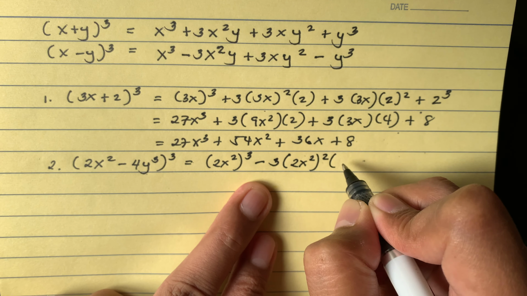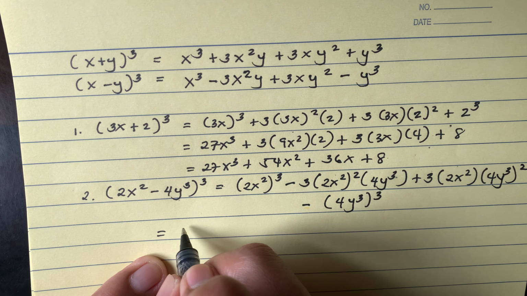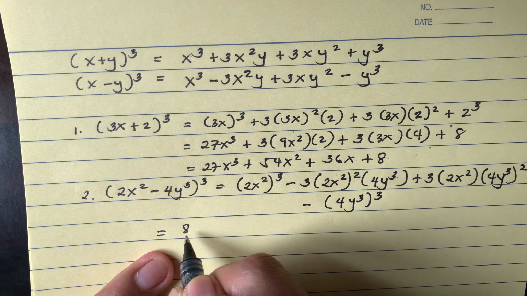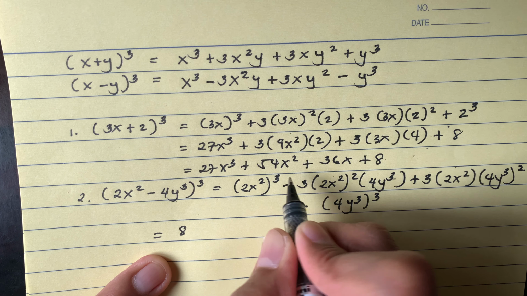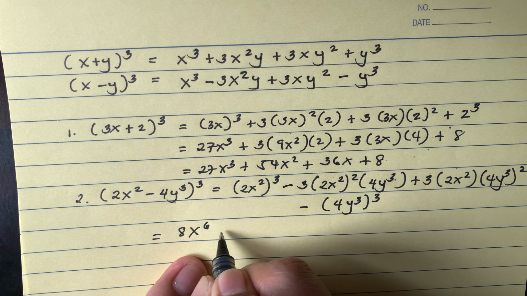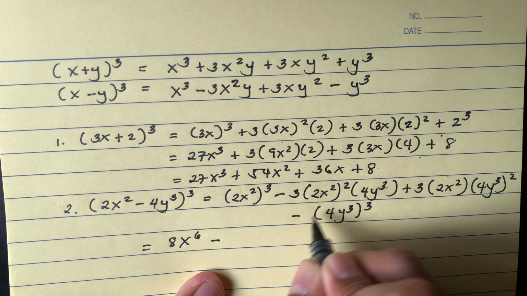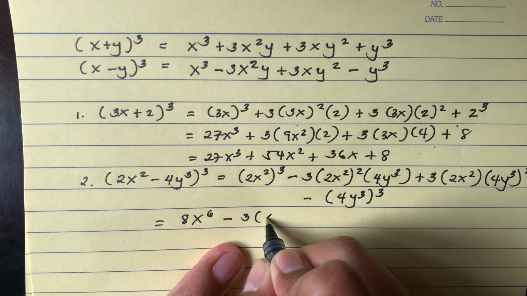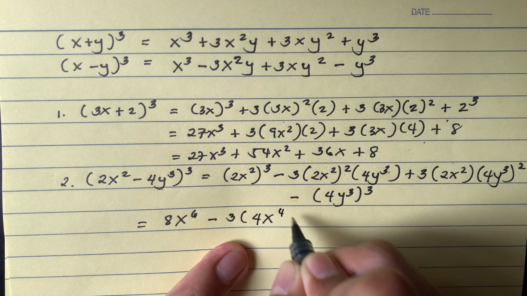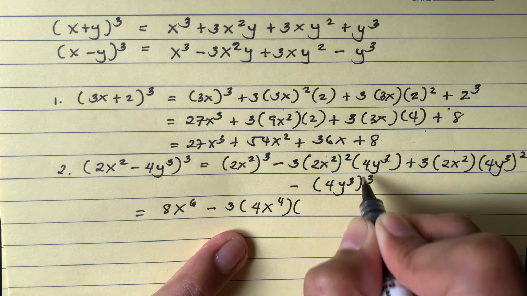Okay, let us simplify. So what is the cube of 2x squared raised to the power of 3? This will become 8 because 2 cubed is 8. Then x squared raised to the power of 3, that will become x raised to the power of 6. Then we have here minus. Let us simplify this. We have 3 times, what is the square of 2x squared? That is 4x to the power of 4 times, you copy that, we have 4y cubed.